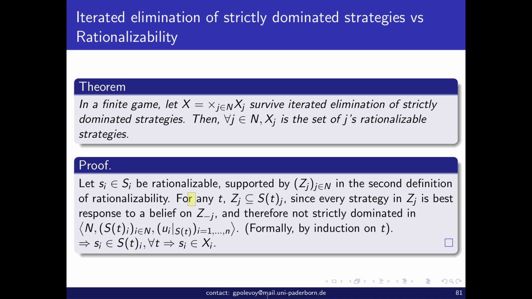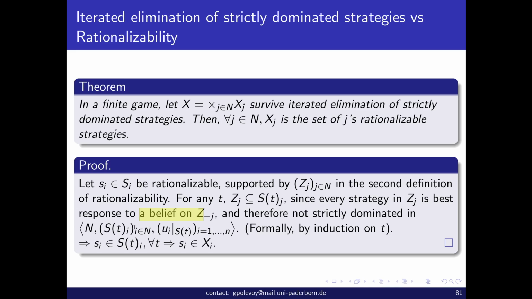So by induction, we assume that all those Z's belong to all STs for any T. And therefore, since Z belongs to ST at a certain point, by induction, every strategy in Zj is the best response to some belief on the others, which all belong there.